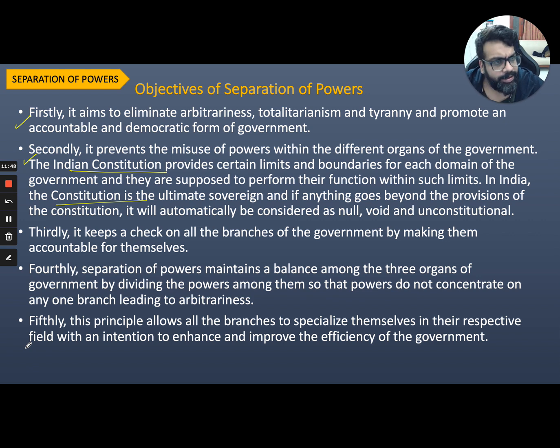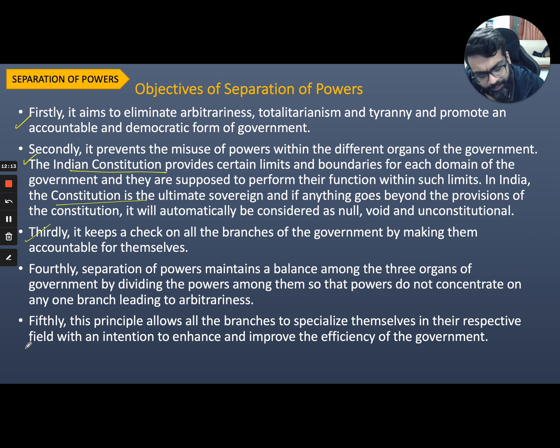And any action, whether by the legislature, the executive, or the judiciary, which violates the fundamental principles of the Constitution, which later get recognized as the doctrine of basic structure, would automatically be declared null, void, ultra vires, or unconstitutional. Thirdly, it also keeps a check on the branches of the government by making them accountable for themselves.